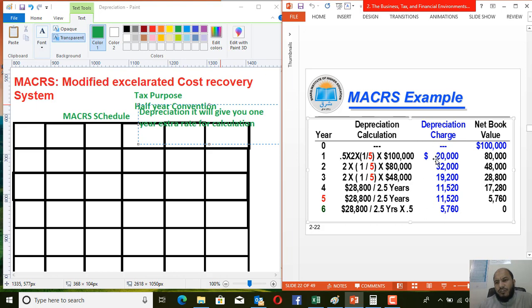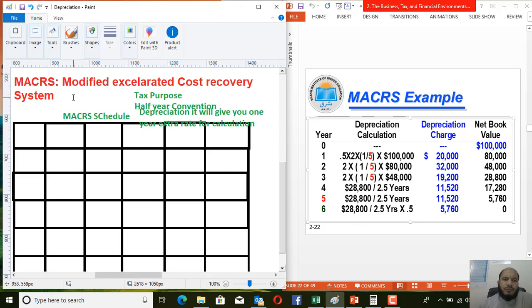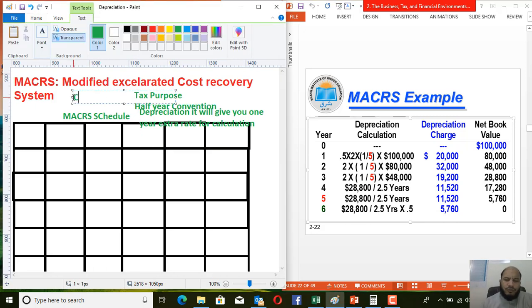We will take the same example that we had: machinery with a cost of 100,000 rupees, a residual value of 10,000 rupees, and a useful life of 5 years. Dear students, keep in mind that MACRS does not consider residual value in its calculation.